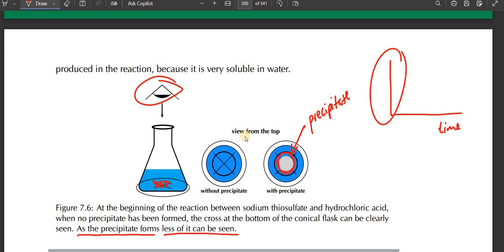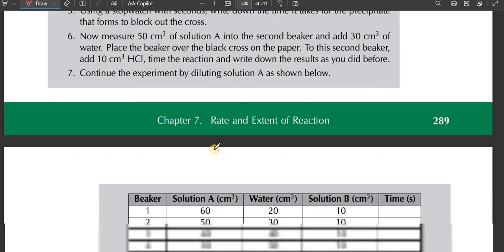Are you measuring the volume of the precipitate? No. Are you measuring the mass of the precipitate that is being formed? No. How can you measure the mass when you don't have a mass balance? You understand me? So it's difficult to have a graph for this reaction. That's why we don't really include a graph for it.